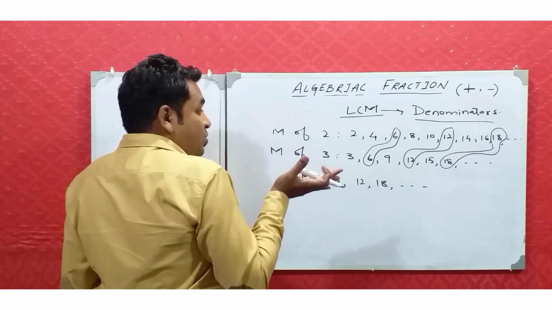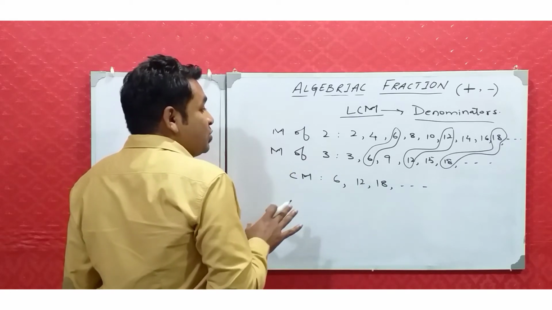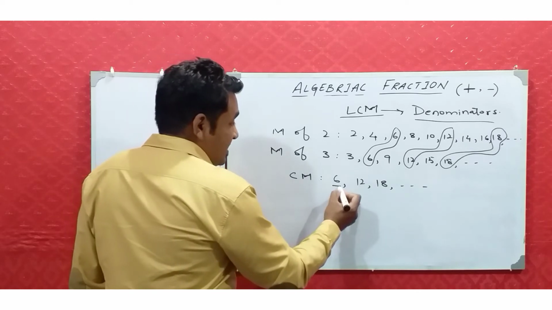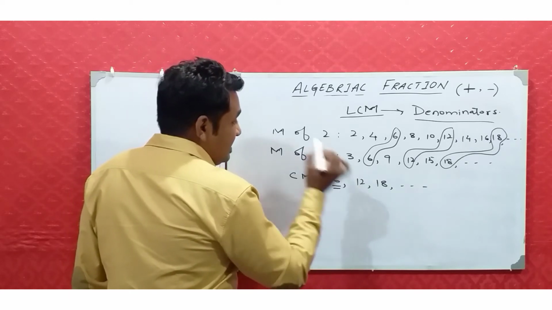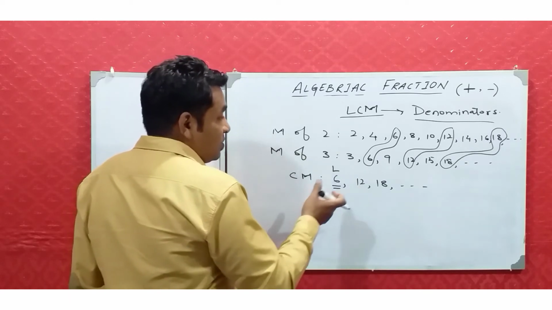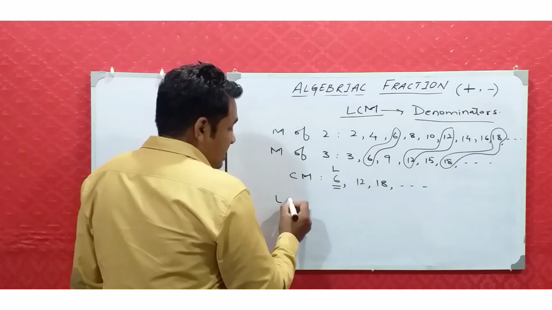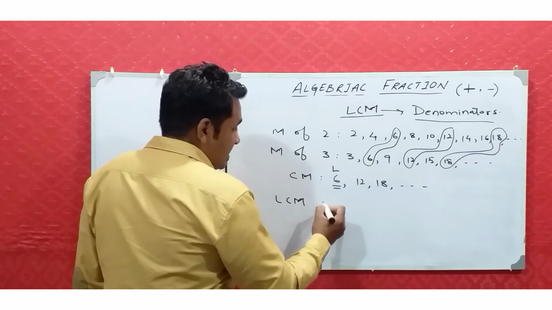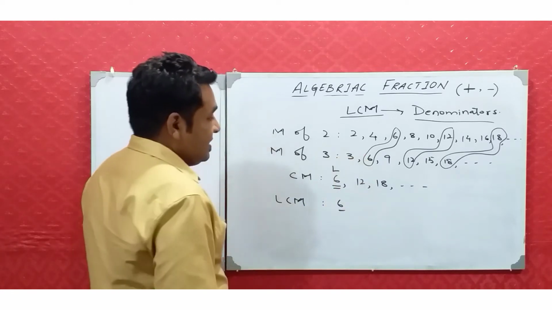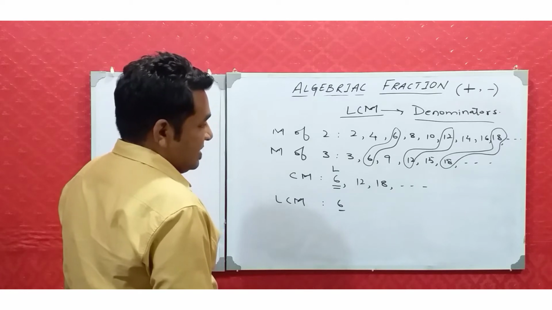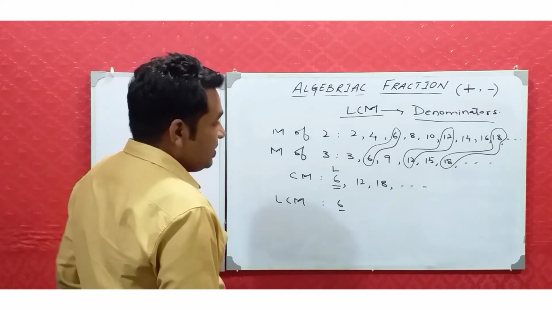If we don't know the largest one, then what do we know? We know the least one. Yes, 6 is the least one. The least one we know, but the largest one we don't know. So that's why the least common multiple is 6. I hope this is clear to you.